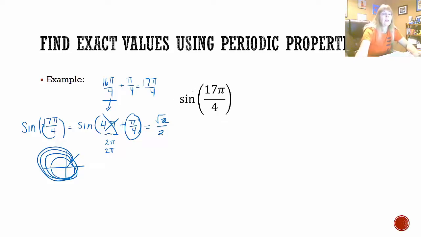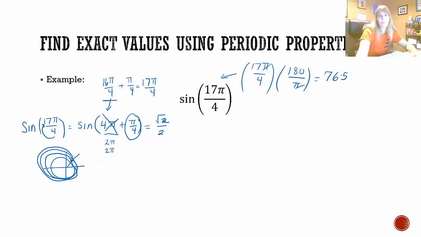All right, if you don't like that way, then what you do is you change your radians into degrees. So 17 pi over 4 times 180 over pi. Okay, and of course that takes a calculator. So if I do this, I get 4 goes into 180, 45, 45 times 17 is 765.